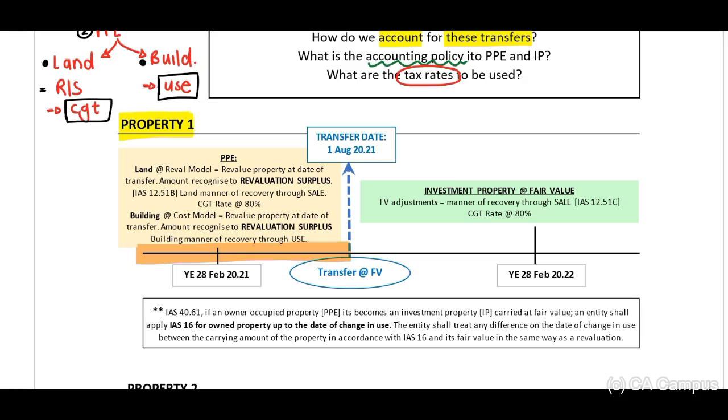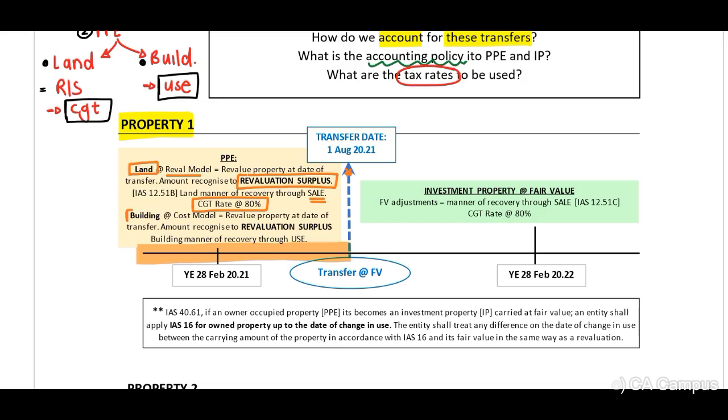Therefore, our building will be depreciated. But let's first have a look at our land. In terms of our land, based on our revaluation model, we need to revalue our property on date of transfer. And that difference will be recognized as a revaluation surplus. And the manner of recovery will be through sale based on our CGT rate.